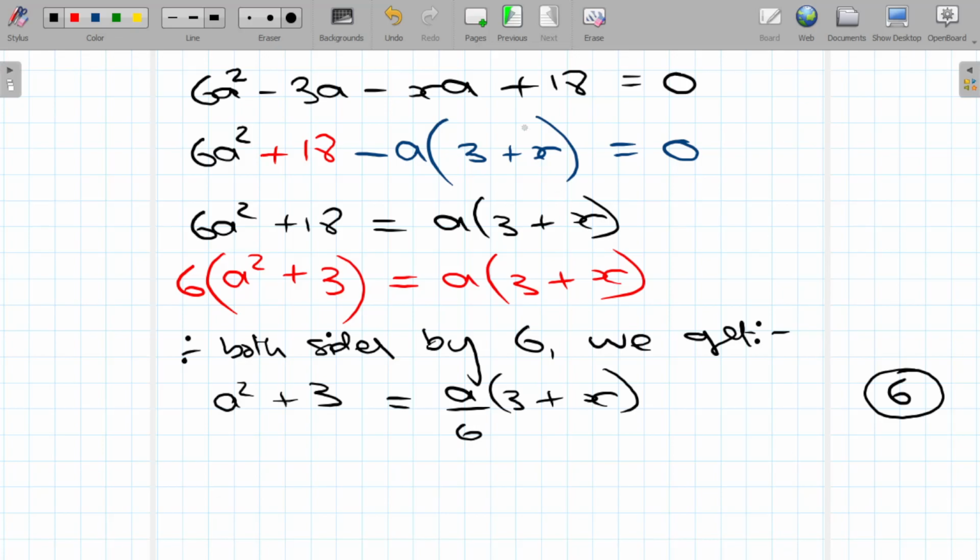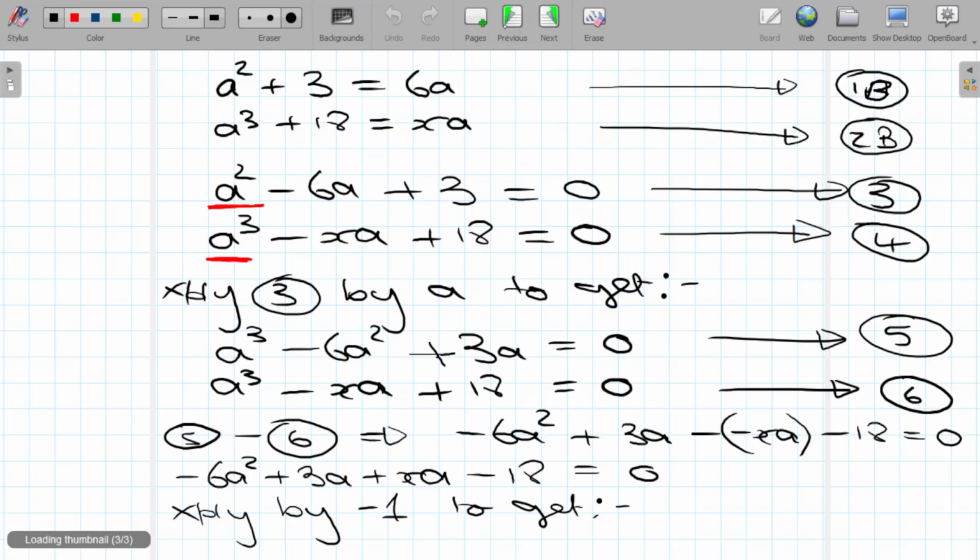Now, if we go back to equation 3, here we are. In this equation, equation 3, we've got a squared minus 6a plus 3 equal to 0. So we can rewrite this as a squared plus 3 equals 6a.